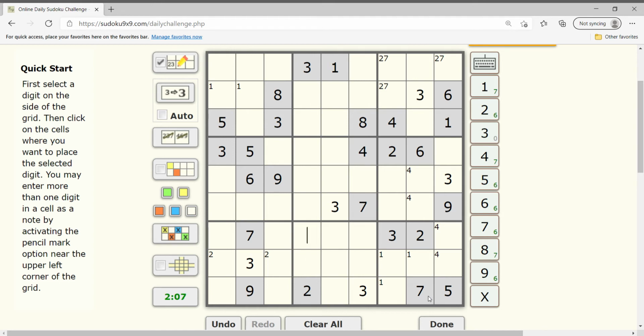Okay. 5 is like this. Nope, this cannot be 5. 5 is in these 4 cells up there. Over here, 5 is in these 3 cells. I don't know if I want to enter that. 6. Okay, only this cell can be 6. Yep.